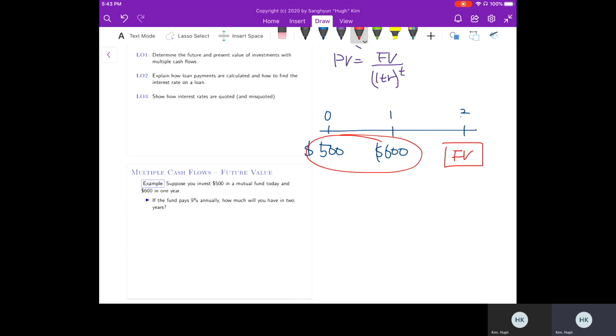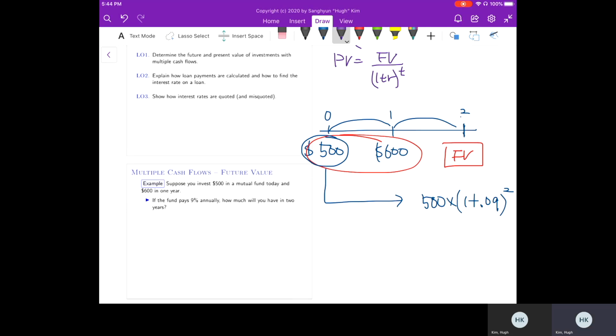So we can apply the future value formula that we have learned in the previous lecture to a single cash flow. So the future value of this $500 is $500 times 1 plus 0.09 squared, because you have to compound twice to get here.